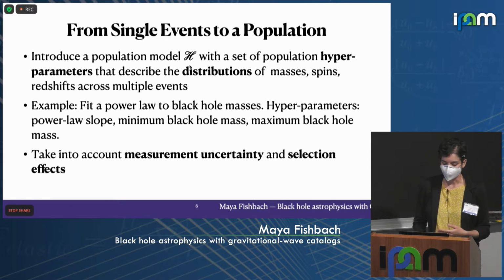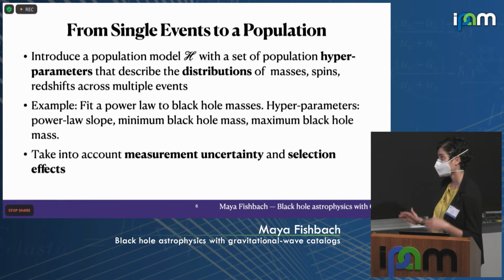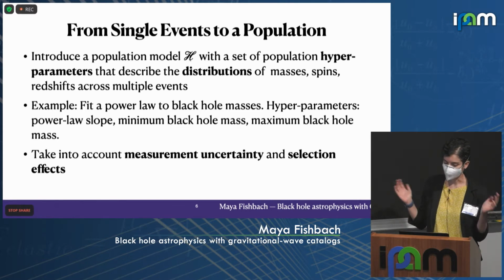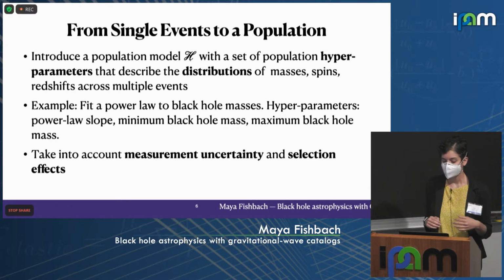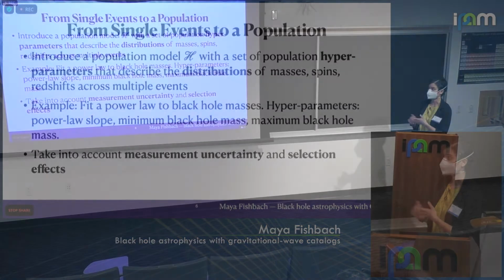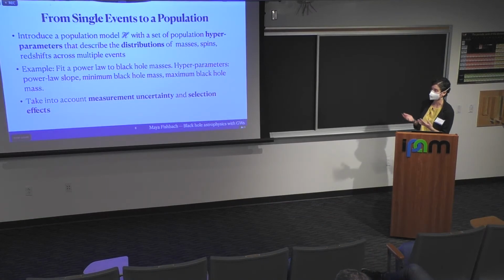Now we're introducing some population model where H, instead of being this fixed default thing like flat masses, is its own model with some population hyperparameters. These hyperparameters describe the distribution of masses, spins, redshifts, and are common to all of the events. An example, which Salvo also introduced in his introduction, is to fit a power law to black hole masses.